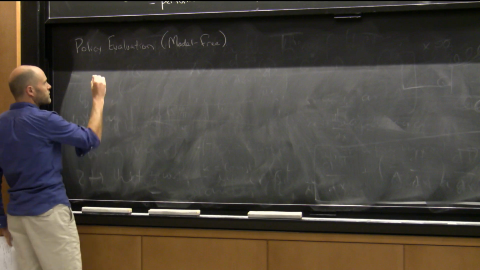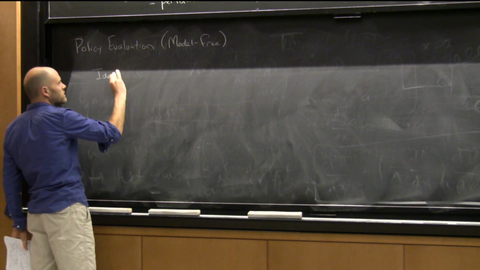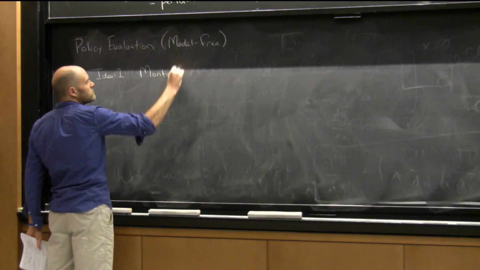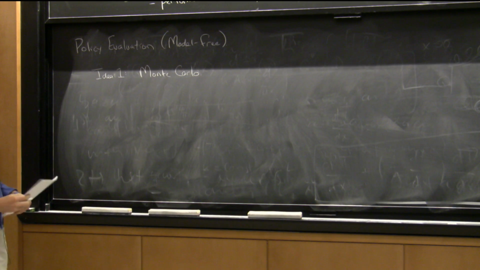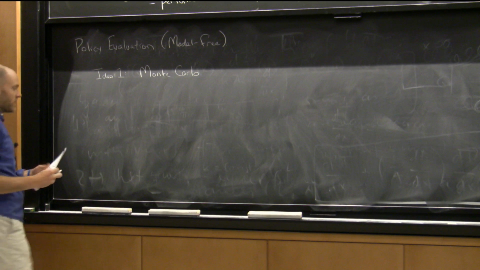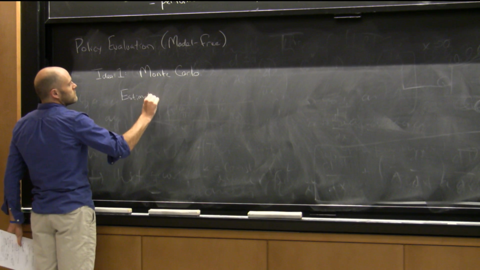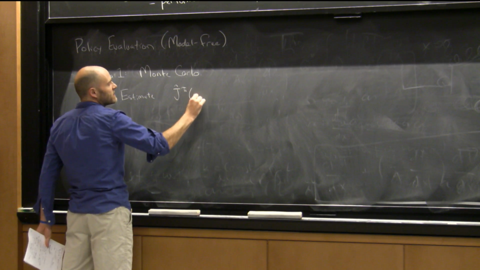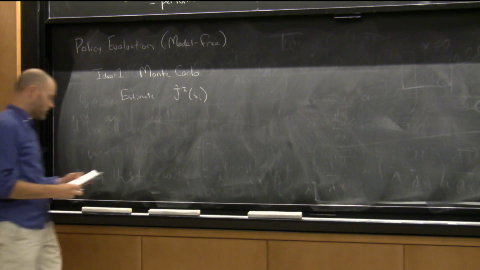Okay, and the first idea, idea number 1, is let's use Monte Carlo analysis. If I'm in a particular state, I can estimate J hat of pi from any given s_i by just running a lot of simulations, right?